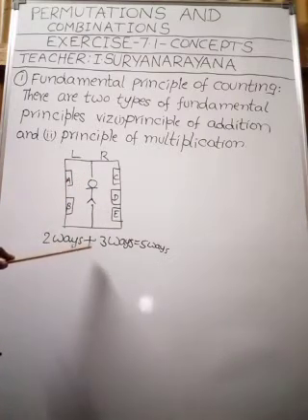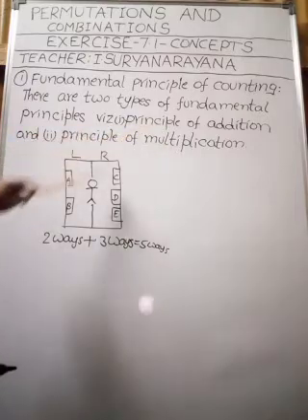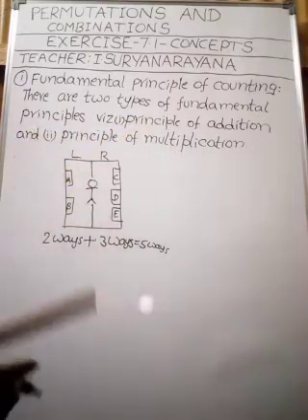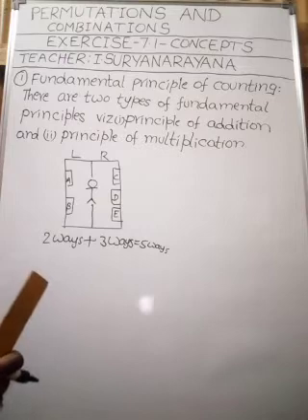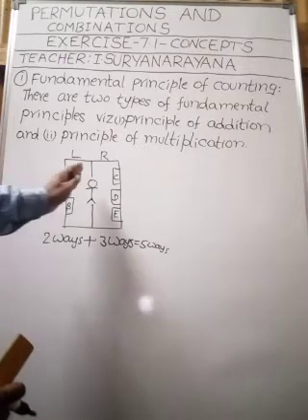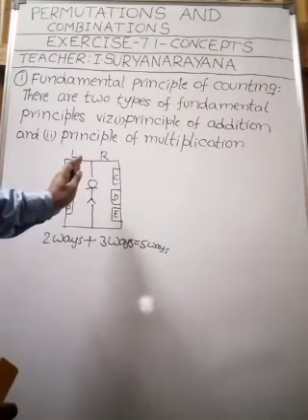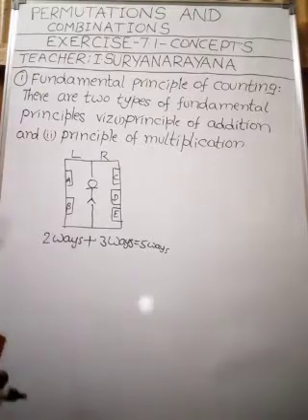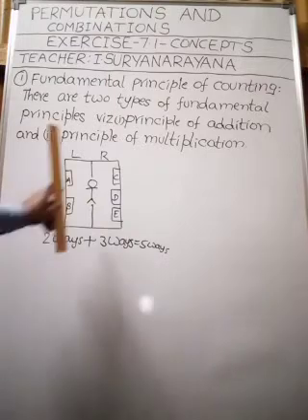What is the operation we have done here? Plus, addition. So in this case there are two events, two jobs involved in this operation. What are the two events?